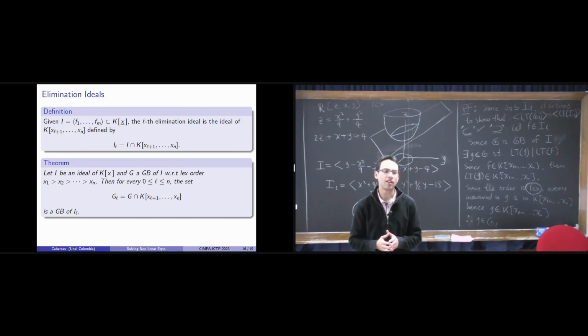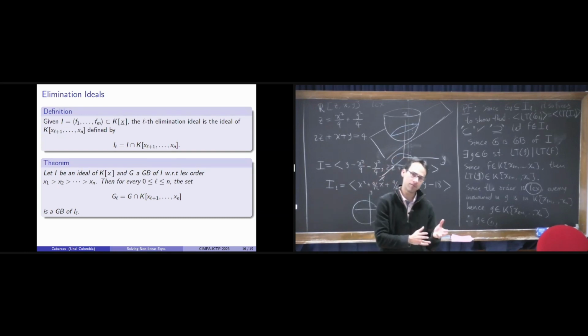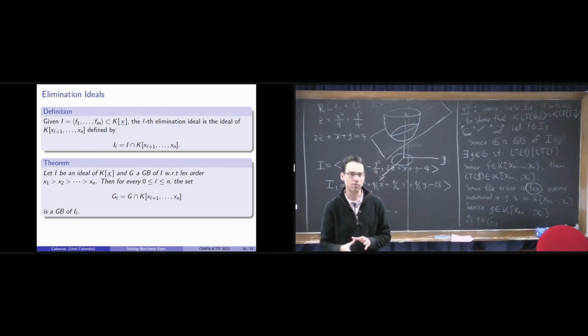Commonly, what we do is we first compute a Groebner basis in some graded order, like graded lexicographic or graded reverse lexicographic. And then there's an algorithm to transform this Groebner basis from one order to another to get this Groebner basis in the lexicographic order.